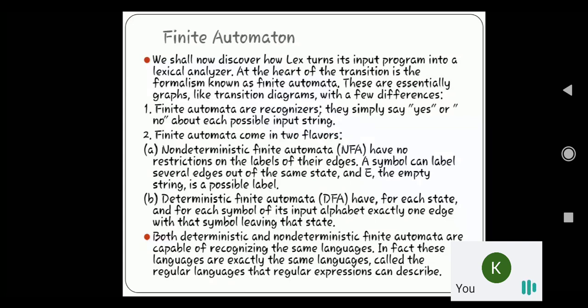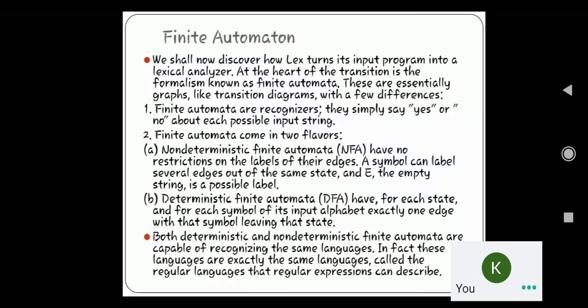So it uses the same label on outgoing directed edges. I will explain those things with some diagrammatic representation so you will get a clear idea, but this is the actual difference. So the first difference is that it can transfer the same label more than once from the same state.